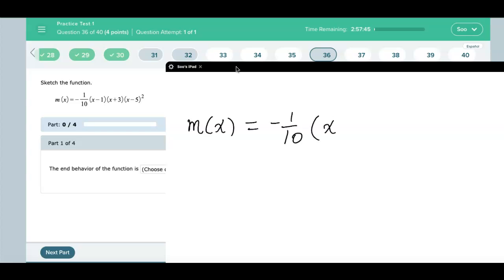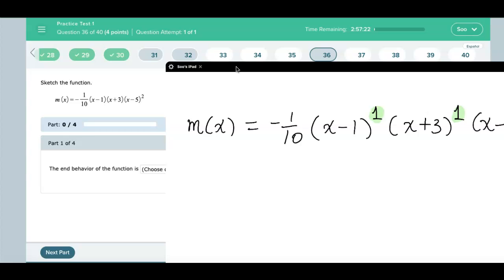And I have x minus 1 to the first power. The first multiplicity, well, I don't want to call it multiplicity, it's just 1 there. And then I have x plus 3 to the first power there again. And the last one has x minus 5 squared.